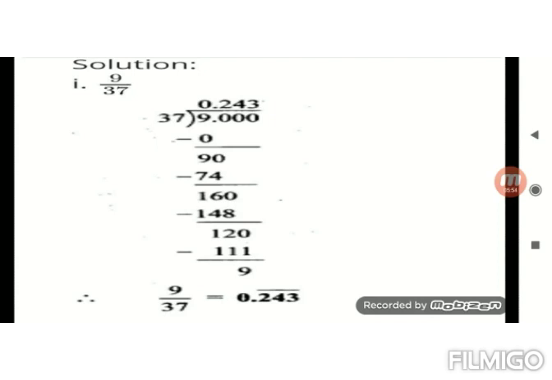If you continue the same process, again you will get the digits 2, 4, 3. That is, the digits 2, 4, 3 are repeating or recurring. Therefore, this type of representation is known as non-terminating recurring decimals.